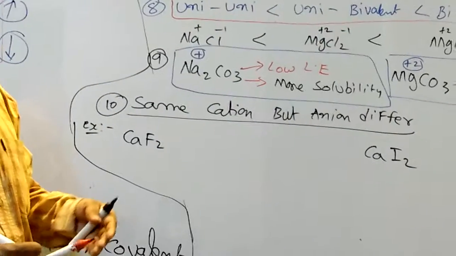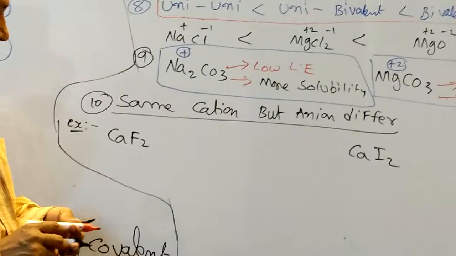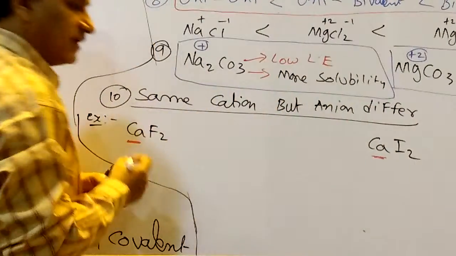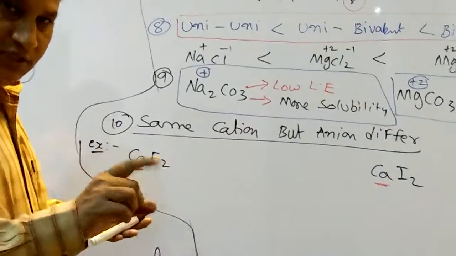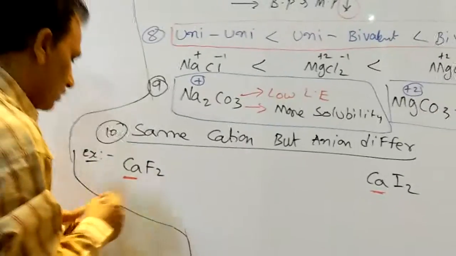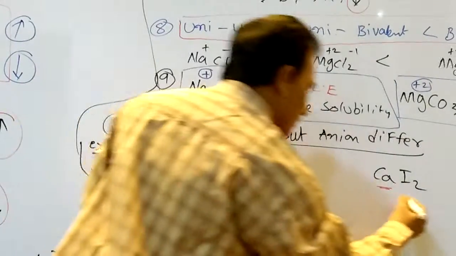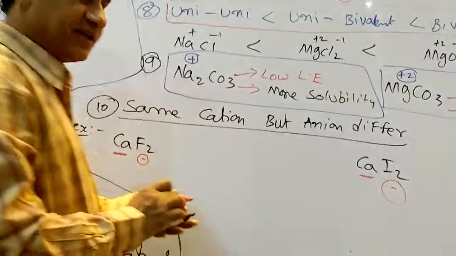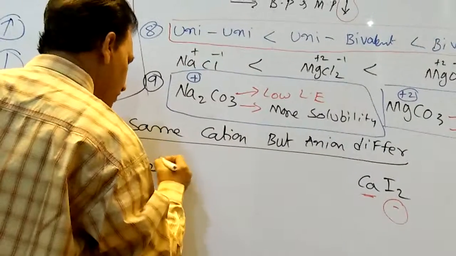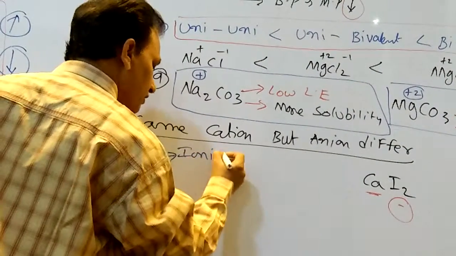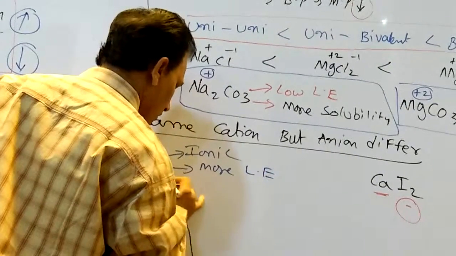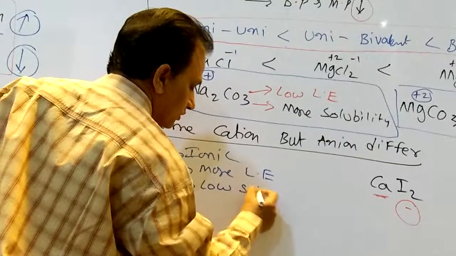Which has the high melting point? A small anion gives an ionic compound, and an ionic compound has the highest lattice energy. So it is a small anion, it is a big anion. Ionic compounds have more lattice energy and low solubility.